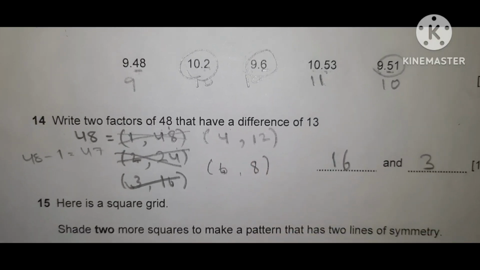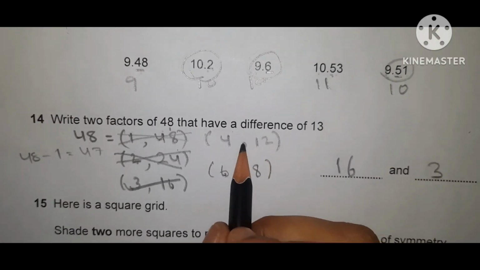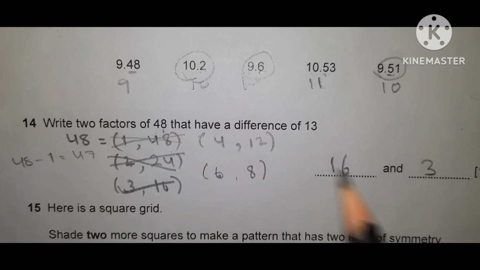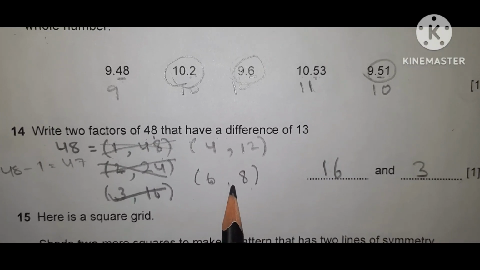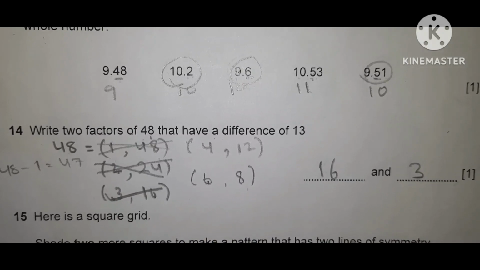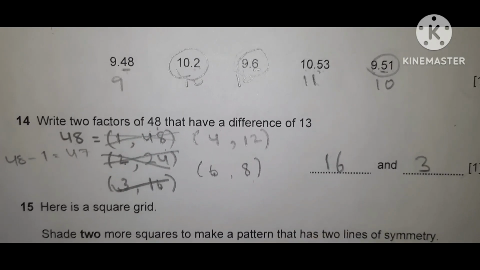If you want, you can go on and check. 12 minus 4 is not 13. 8 minus 6, it's not 13. So this is the correct answer.